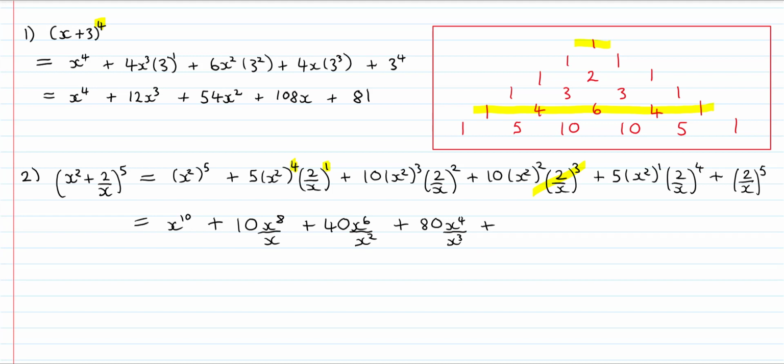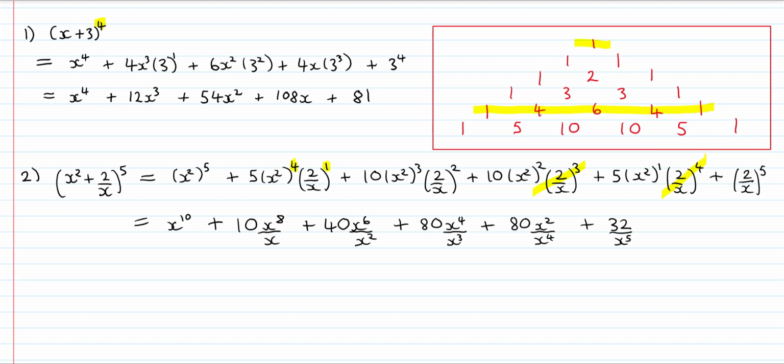And then the next term, so 2 over x all to the power of 4, so that's going to be 16 over x to the power of 4, and 16 times 5 is 80, and then it's going to be x squared over x to the power of 4, and then our last term, 2 over x all to the power of 5, is going to be 32 over x to the power of 5.